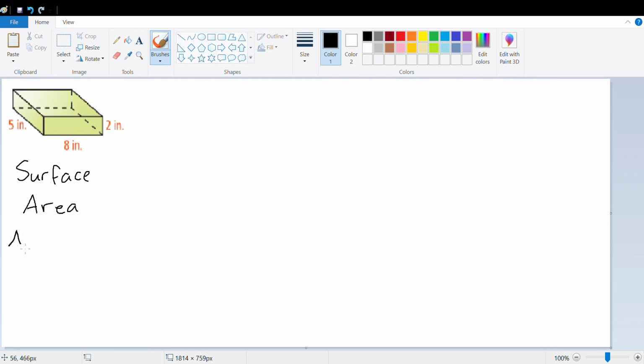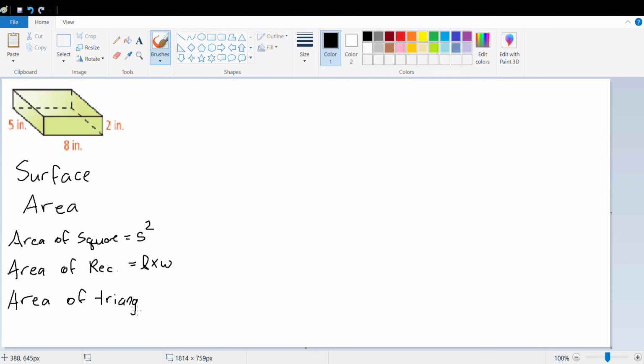So we've learned about the area of the square, which is the length of one of the sides squared, area of a rectangle, that's going to be length times width, and area of a triangle, that's going to be 1/2 base times height. These are the 3 types of area formulas we'll be using to find surface area.